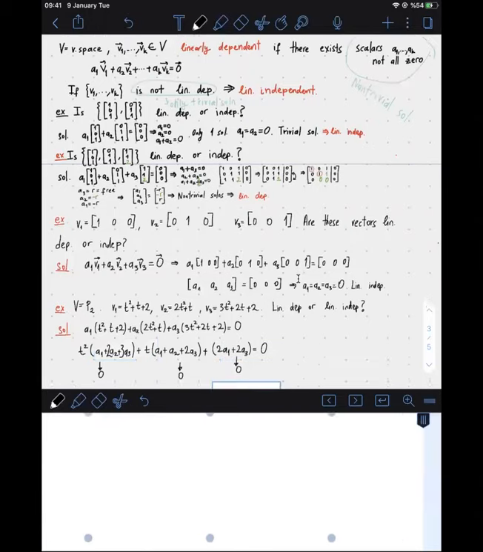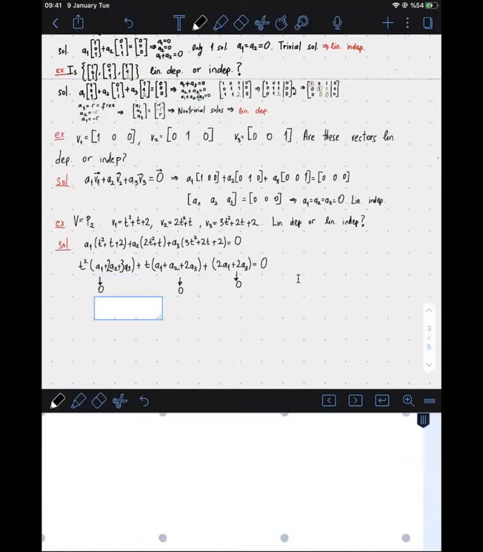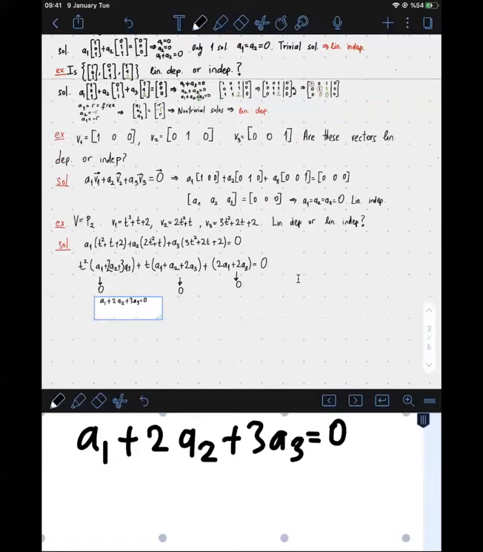Okay, so we have three equations, right? Now we have three equations. Let's write the equations. We can really write this in matrix form, right? Okay, let's write all the details. A1 plus 2A2 plus 3A3 is 0. And then A1 plus A2 plus 2A3 is 0.